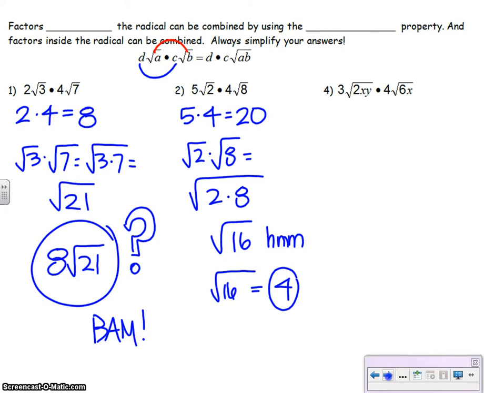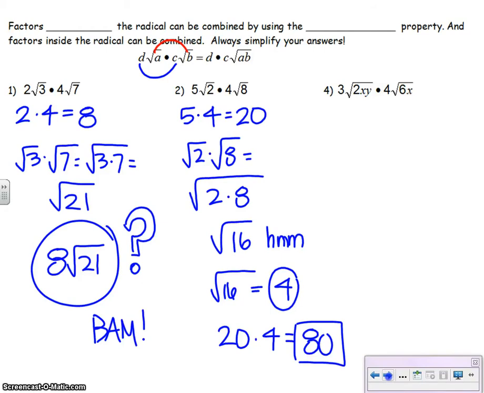So we're going to do 20 times 4, and our whole answer is going to be 80. If we were to have written our answer as 20 times the square root of 16, that's not complete because we need to actually evaluate the square root of 16 because it's a perfect square.